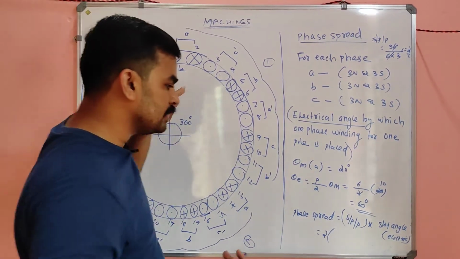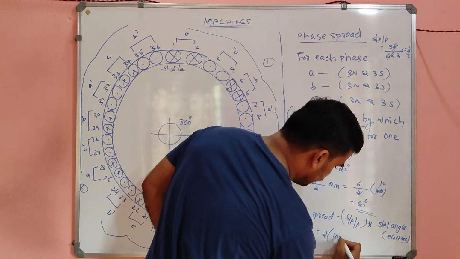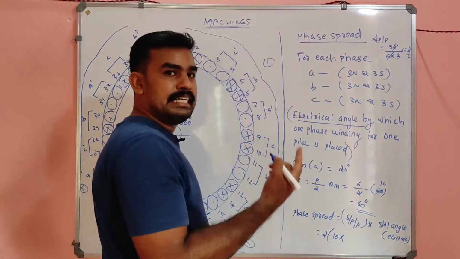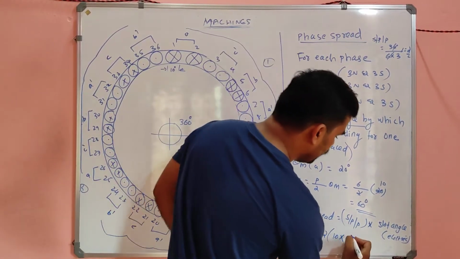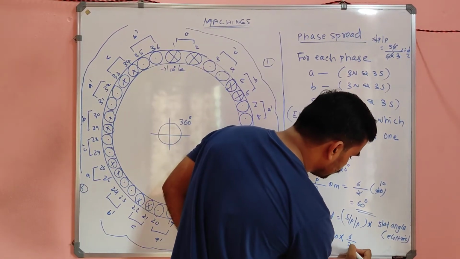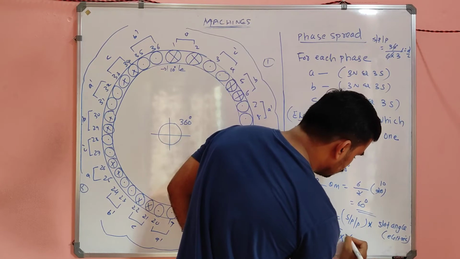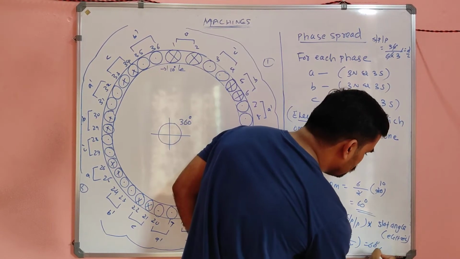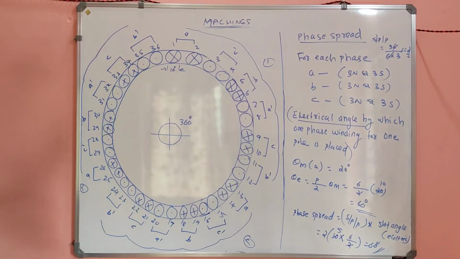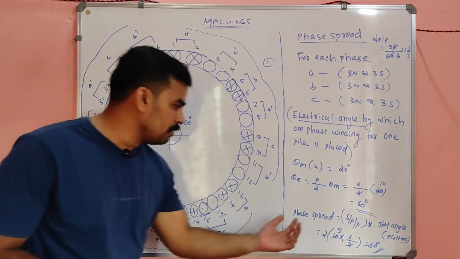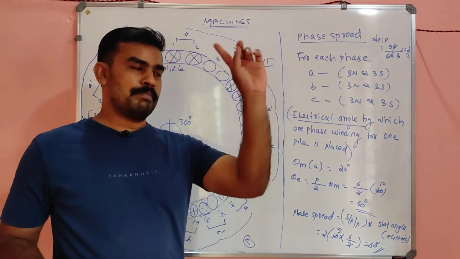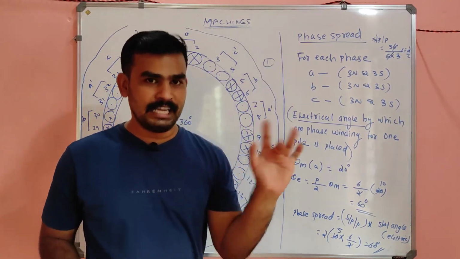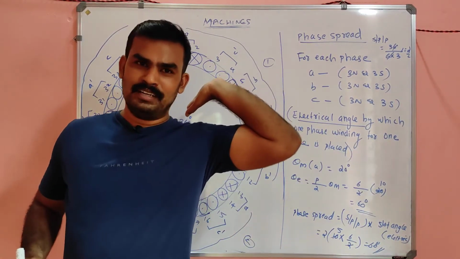So what will be the electrical slot angle? Theta electrical will be P by 2 into theta mechanical, correct? P is 6 poles, so 6 by 2 into 10, which is again 60 degree. You will get the same answer. Either way, in problems, this equation will help you: slots per pole per phase into slot angle in electrical gives the phase spread.